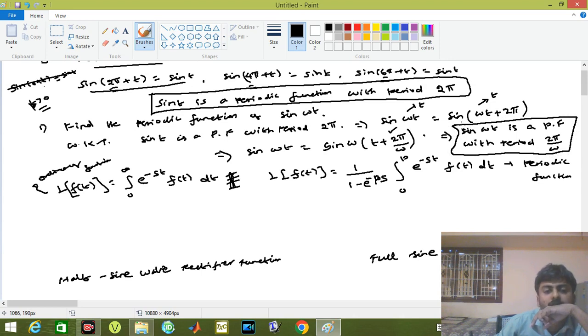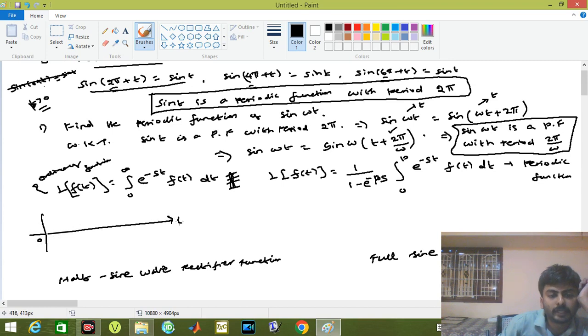Okay, see here what is meant by a period and what is meant by a cycle. For example, I am going to take t here, and sine t here. This is 0, this is pi, this is 2 pi, this is 3 pi, this is 4 pi.